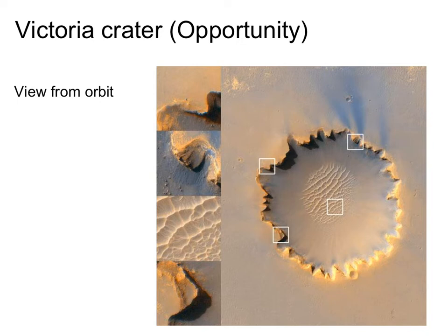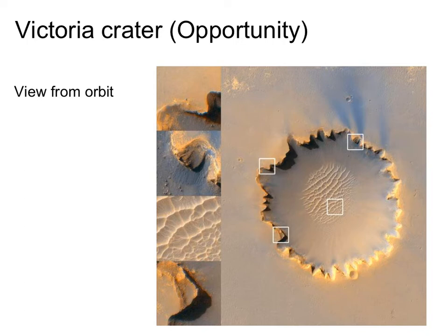So we have, of course, seen dune structures on Mars extensively, both from orbit. So here is, I think, a HiRISE image from Mars Reconnaissance Orbiter, where they were looking for the Opportunity rover when it came up to Victoria crater.